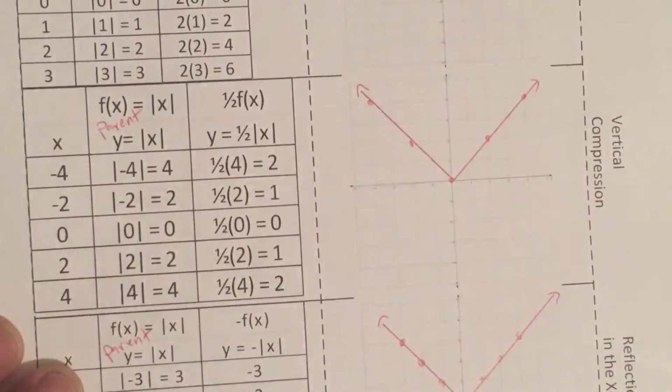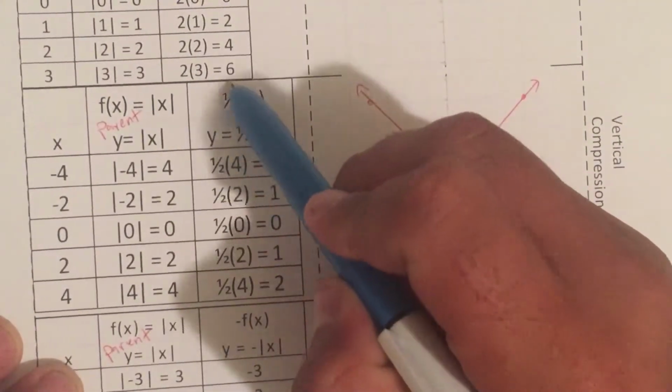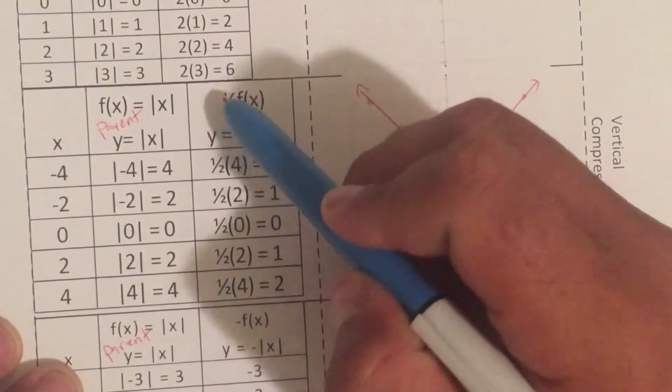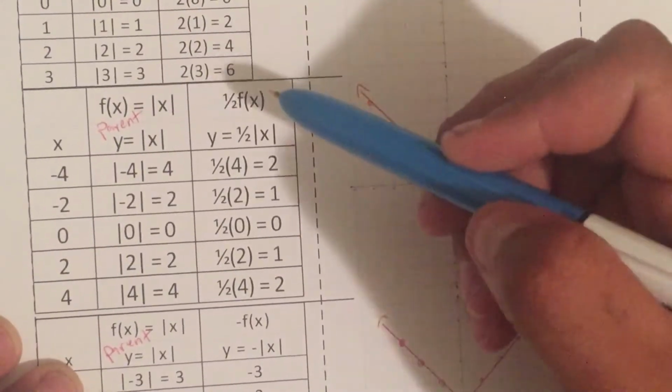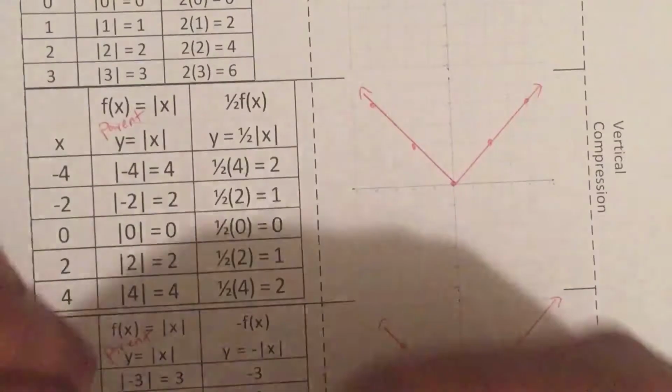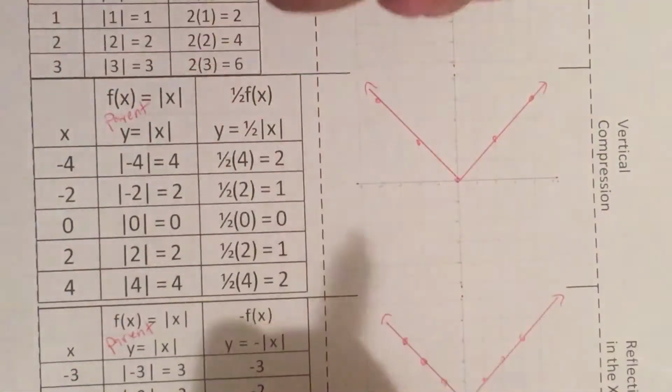All right, so for this one, remember I told you that we multiply the function by a number. I want to go into a little bit more detail on that. This is a vertical compression, so we're going to be squishing the graph, whereas in a vertical stretch, we stretch the graph.